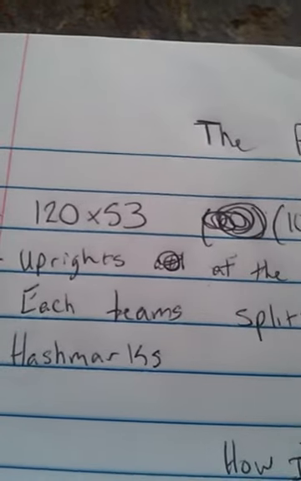So I made a terrible field right here, but it gets the job done. So let me go over what the field is. All right, the field right here is 120 by 53 yards. 53 is the width. 53 is this side, and 120 is from here to here.